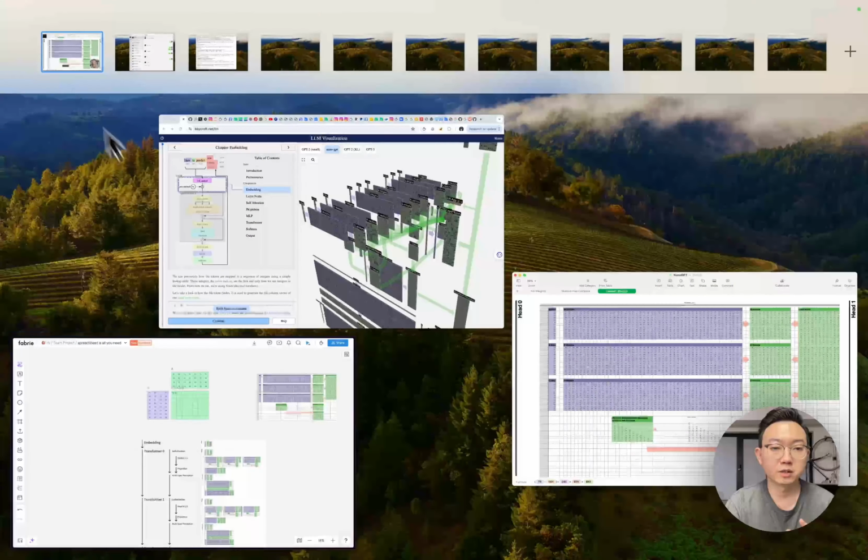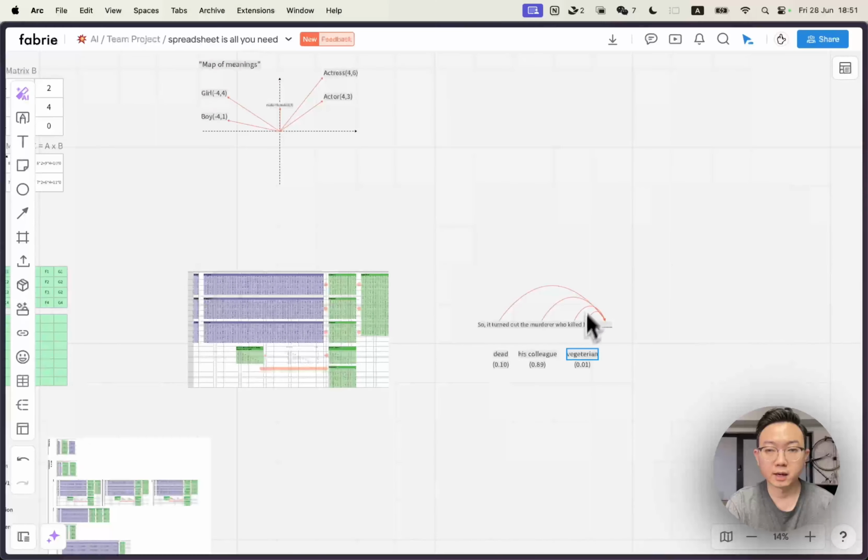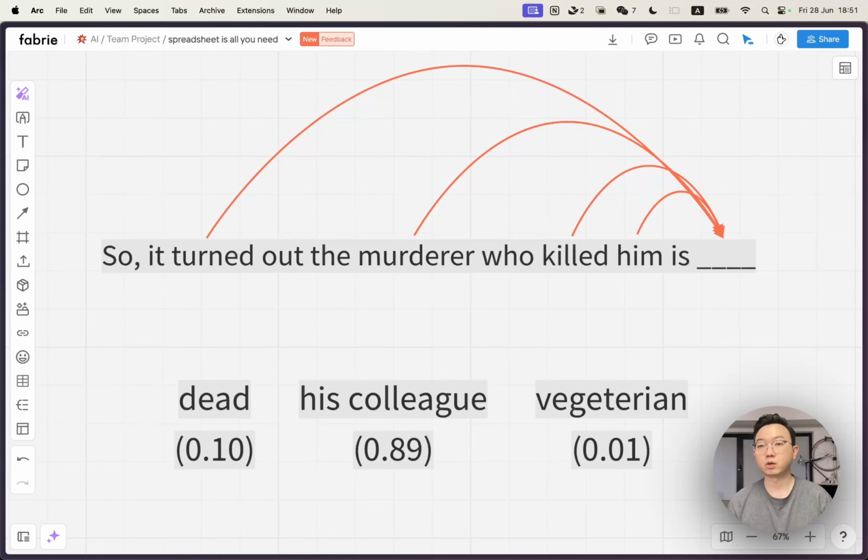I'll show you this particular drawing that I have. Imagine we're trying to guess who is the murderer. The self-attention basically means that when we're doing the calculation, it's taking data from some of the previous words which have a huge influence on the end result. And there are also the ones that are less important.